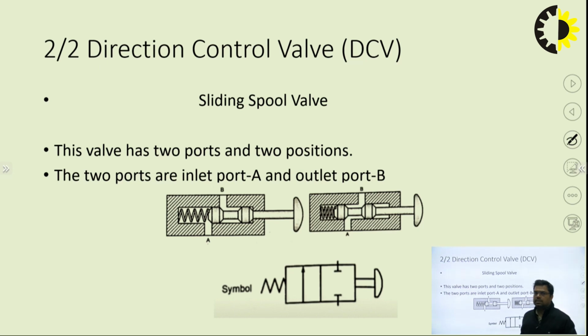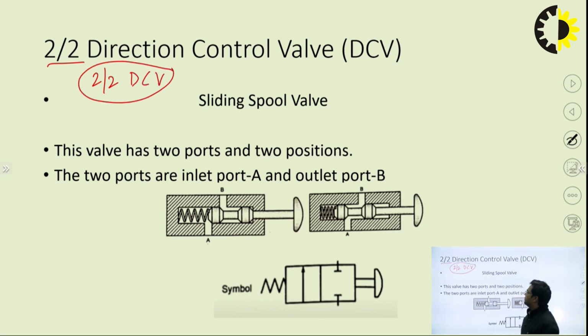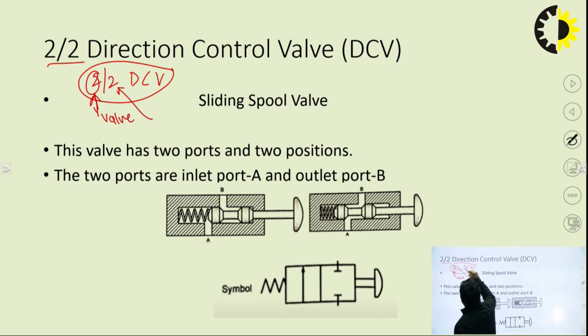I will discuss firstly the very basics of the DCV system, that is known as the 2x2 DCV. What does 2x2 DCV stand for? The first 2 represents ports, and the second 2 is responsible for positions.